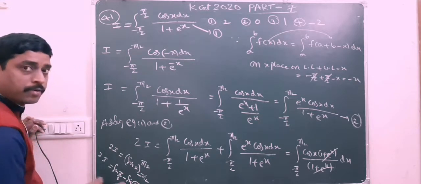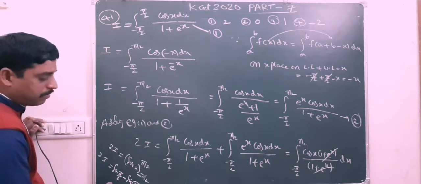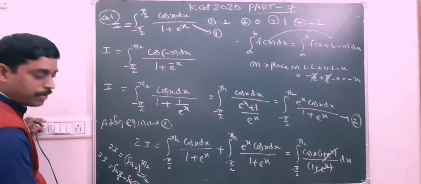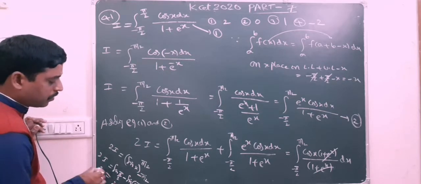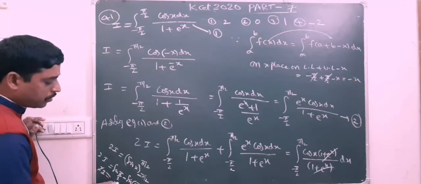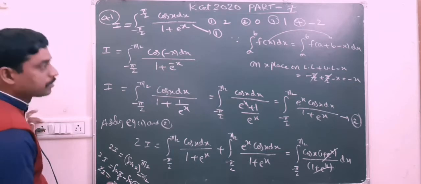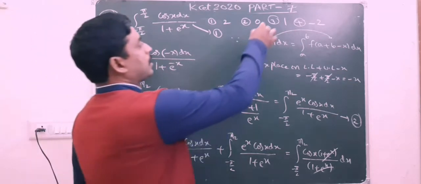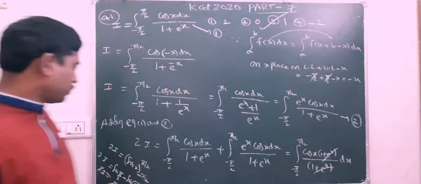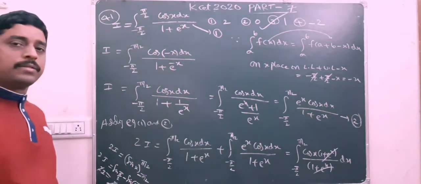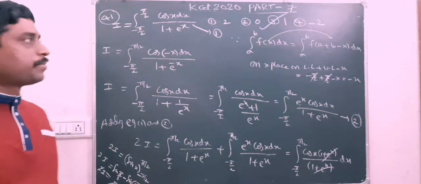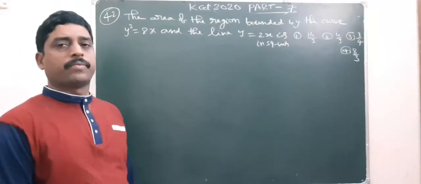Sin 90 value 1, sin minus 90 value minus 1, minus of minus 1 is plus 1. So this is equal to 2. So 2I is equal to 2, therefore I is equal to 1. Option 2 correct.